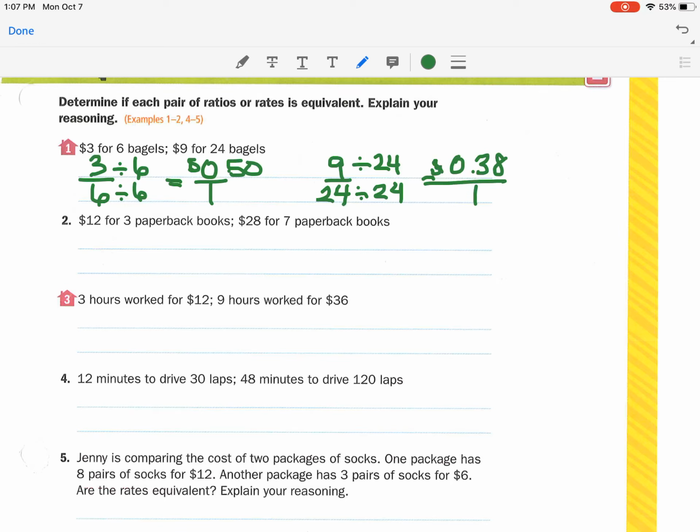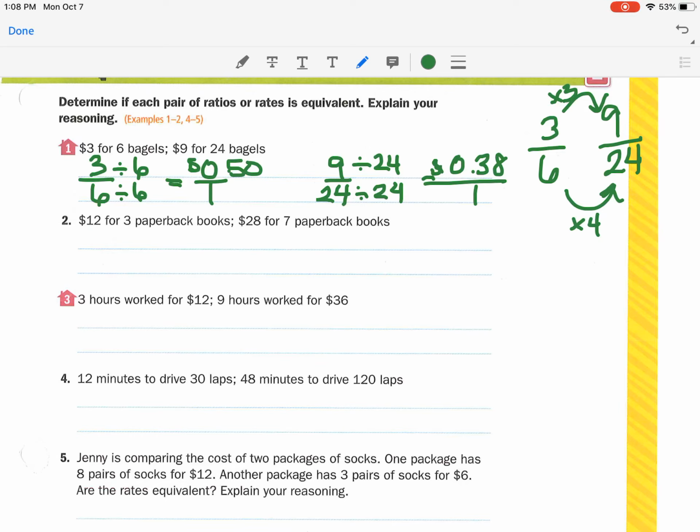Now we know that they're not equivalent, but we could also look at it this way. This was a good one to see what we could do to get from here to here and from here to here. This is where we can use our equivalent fractions. I know that 3 times 3 is 9, so I'm going to multiply the top by 3.